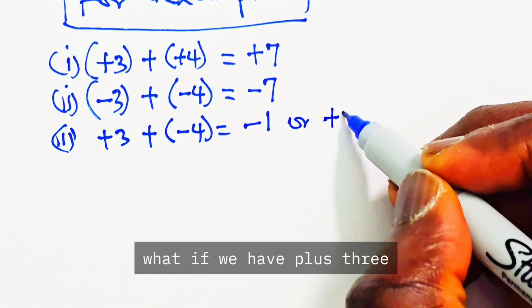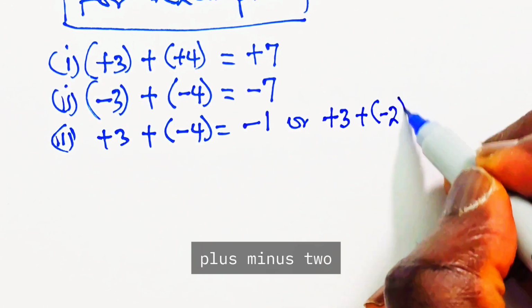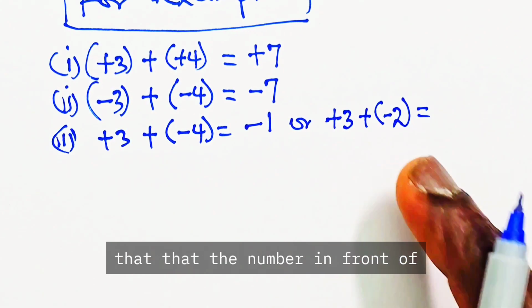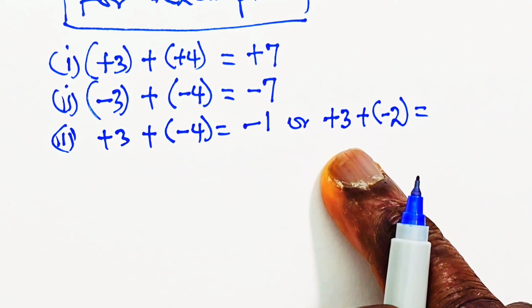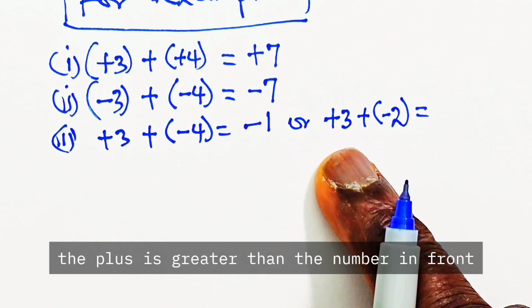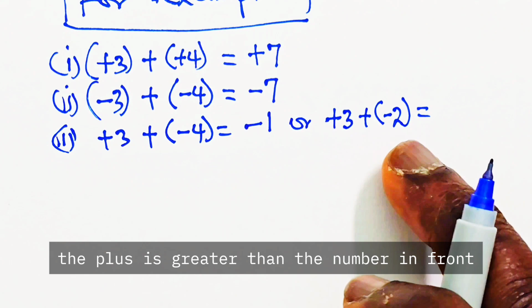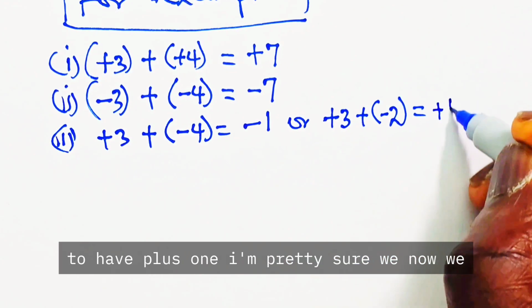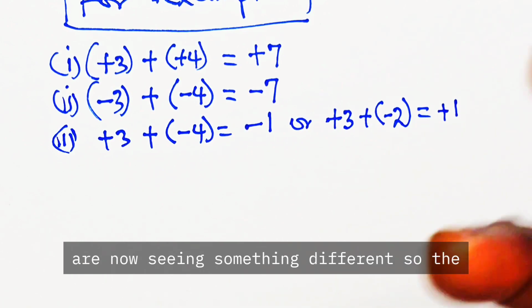What if we have plus 3 plus minus 2? You can see that the number in front of the plus is greater than the number in front of the minus. So in this case, we are going to have plus 1. I'm pretty sure we are now seeing something different.